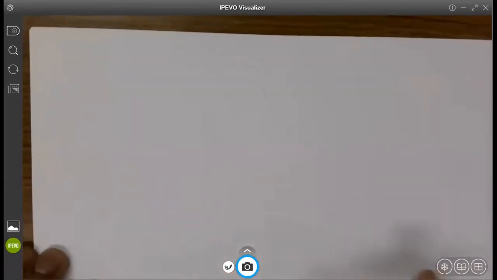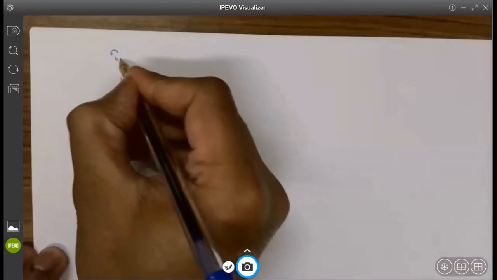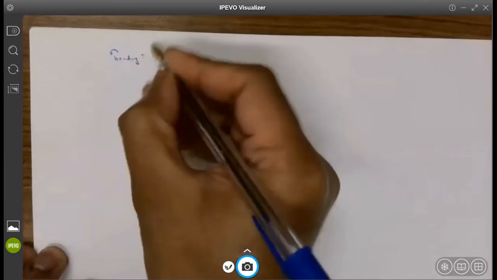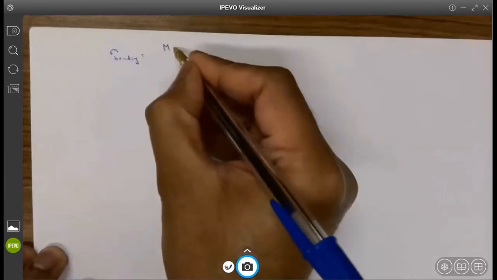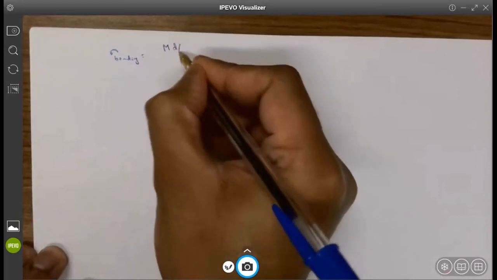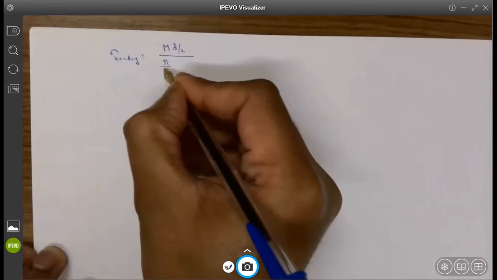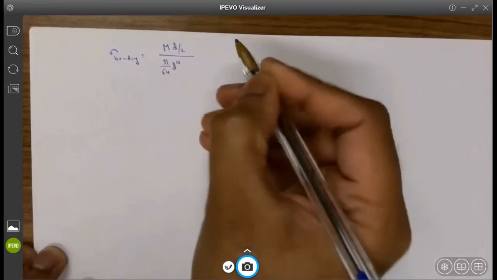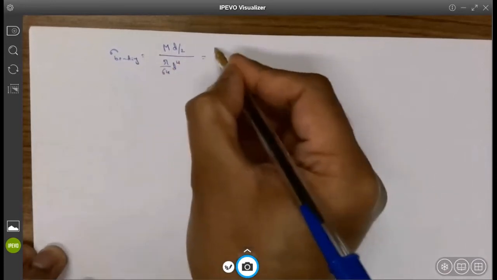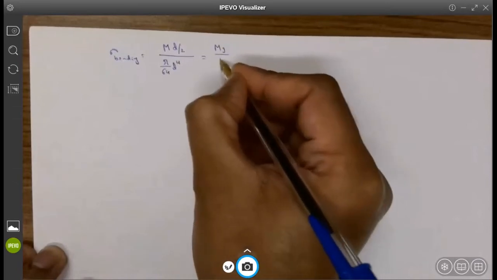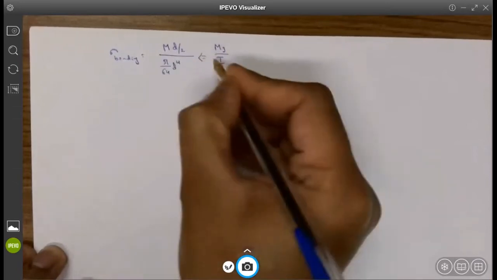So what we have to do now is find the sigma bending. Sigma bending, now you know it is just M times D by 2 maximum divided by pi by 64 D to the fourth. Basically what I'm writing is My by I. So that is what it is, right?